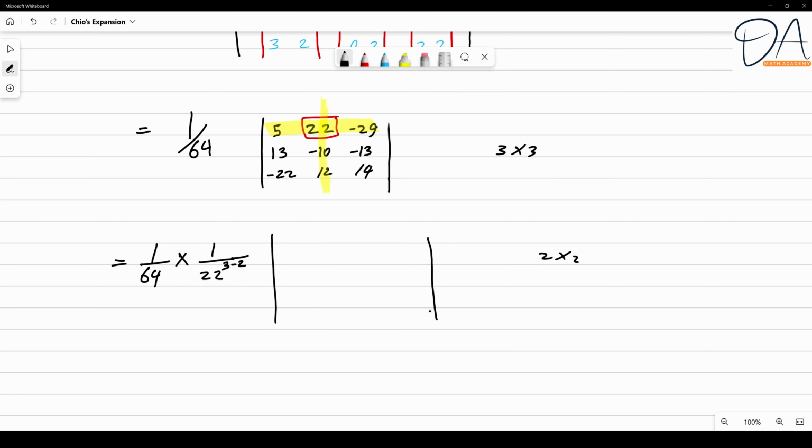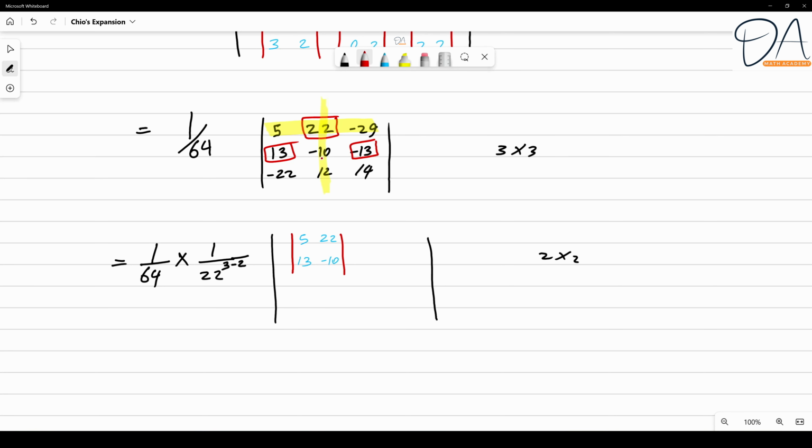So again, the first non-highlighted element here is 13. So 13 and 22 are corners of a rectangle. The other two elements you need to complete this rectangle is 5 and minus 10. So again, we write this in the same order. And then the next non-highlighted element is minus 13.